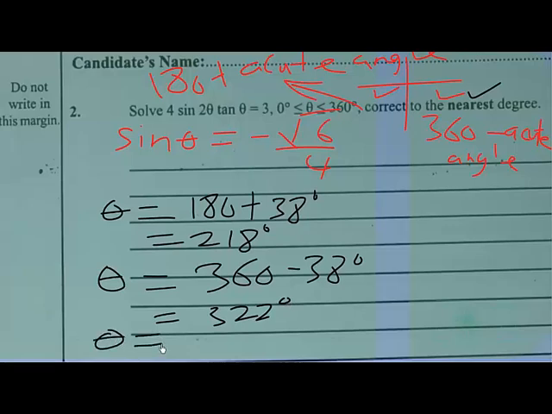Therefore, all the values of theta within this range are 38 degrees, then we have 142 degrees, then 218 degrees, then 322 degrees.